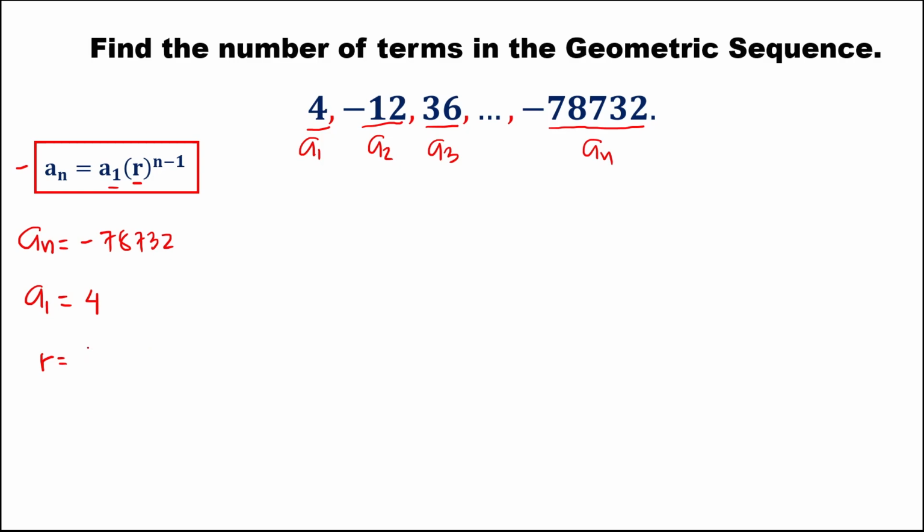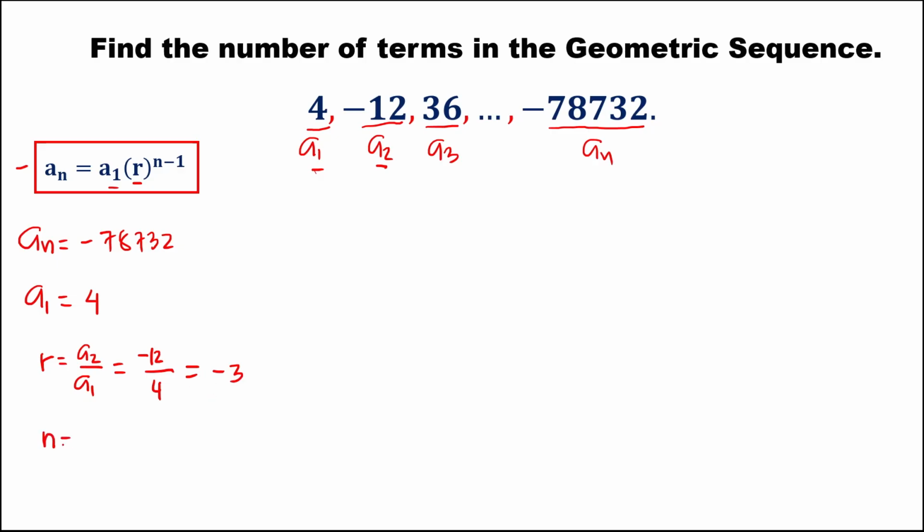We can find r using a sub 2 divided by a sub 1. Since a sub 2 is negative 12 over a sub 1, that's positive 4, therefore the common ratio is negative 3.